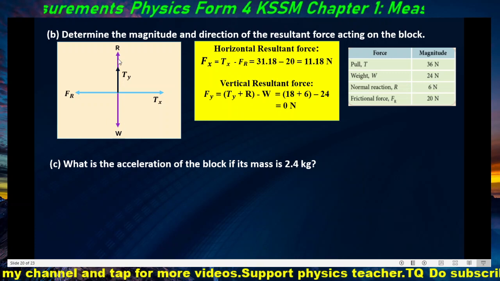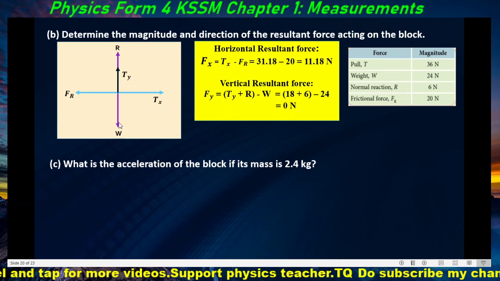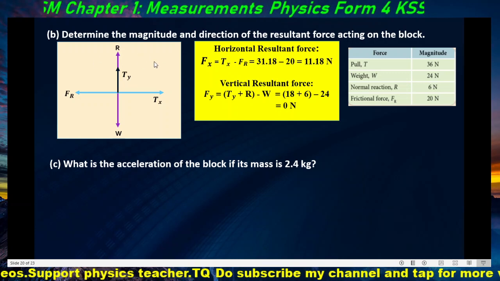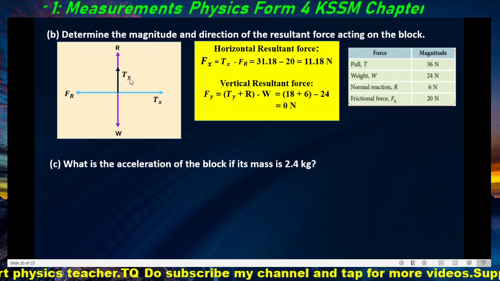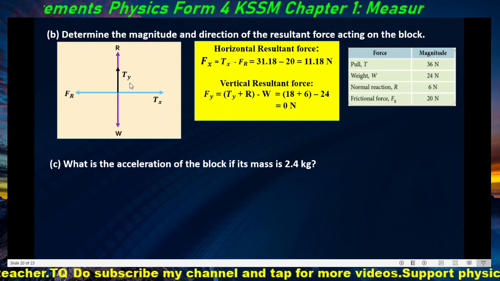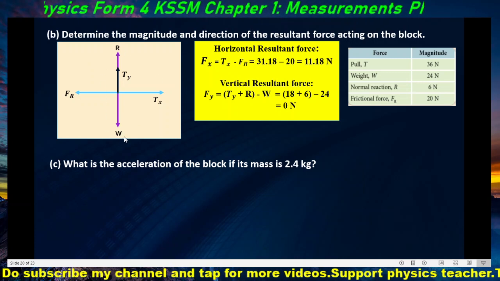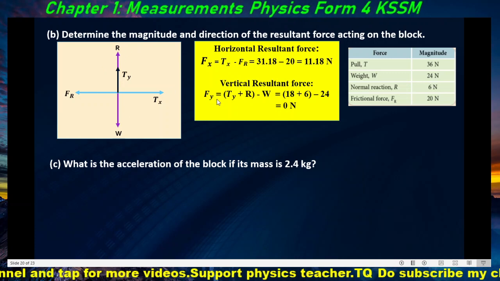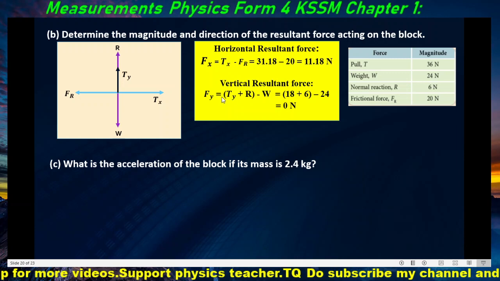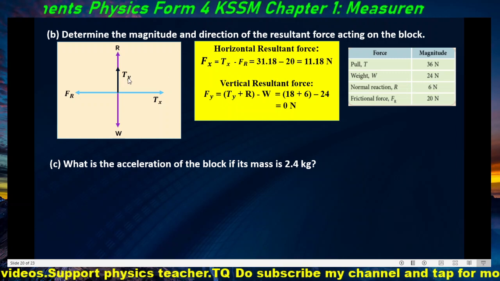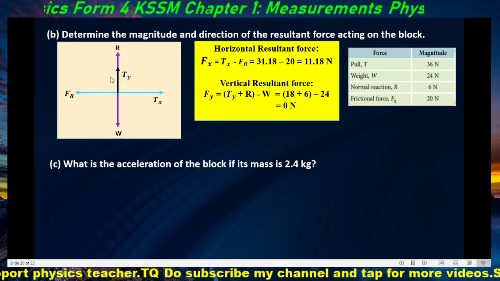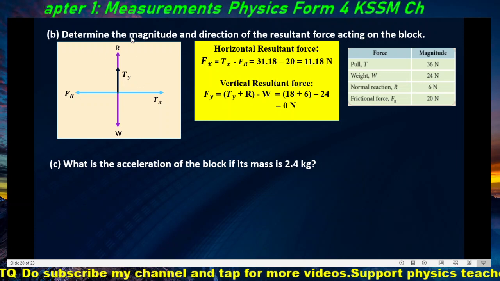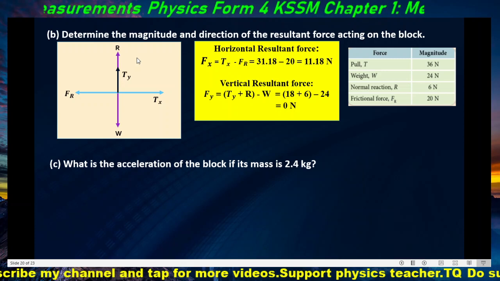Vertical part of the forces. The wooden block just now is moving horizontally, meaning the vertical forces are balanced. Or we can just calculate vertical resultant force equals to Ty plus R. Why we need to plus here? Because they are in the same direction, and we assume direction upward as positive.